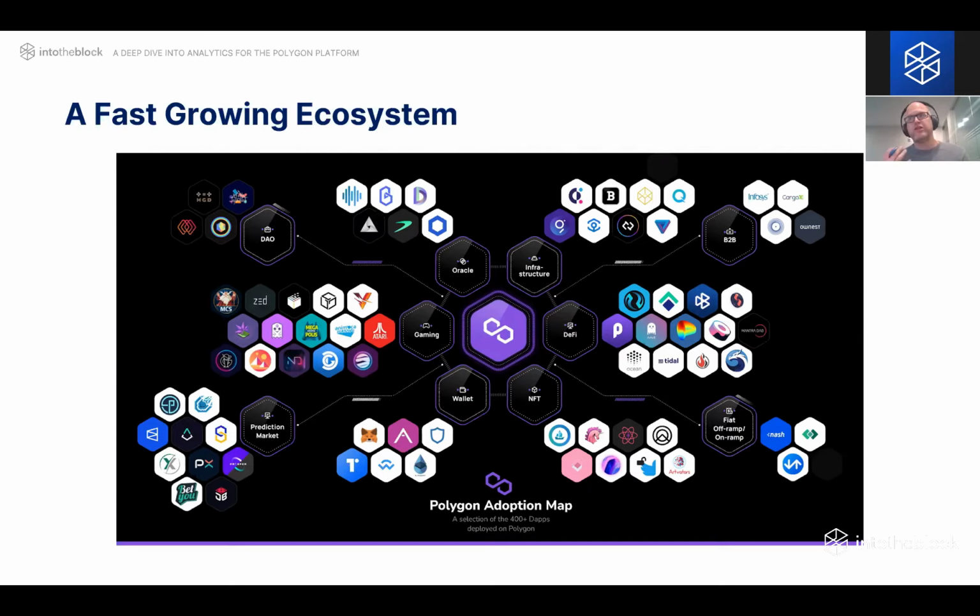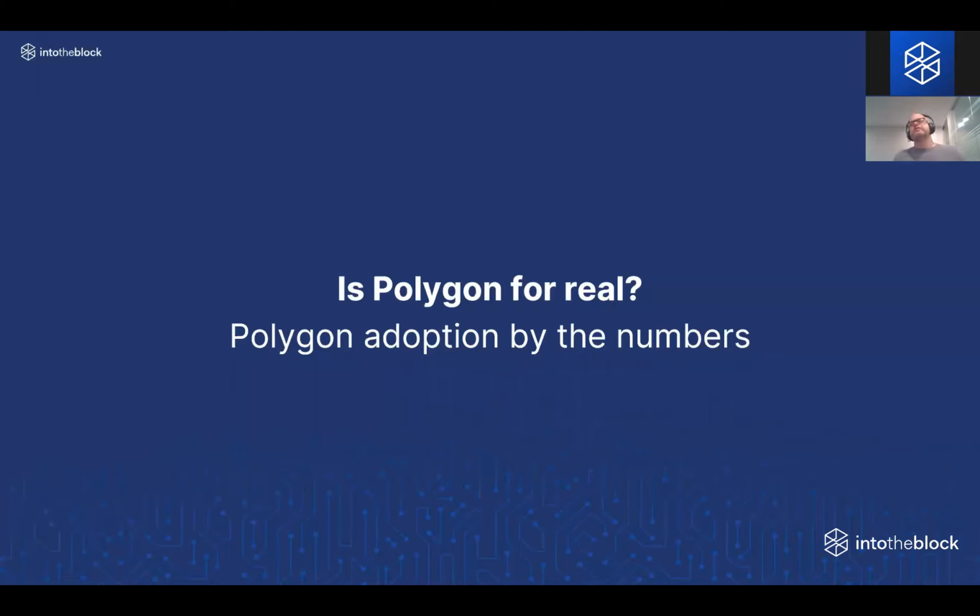So we're hearing a lot of news, a lot of buzz around Polygon, but how real is the adoption? What I would like to do in the next 10 minutes or so is to walk you through some numbers of the Polygon blockchain and compare that with the Ethereum blockchain.